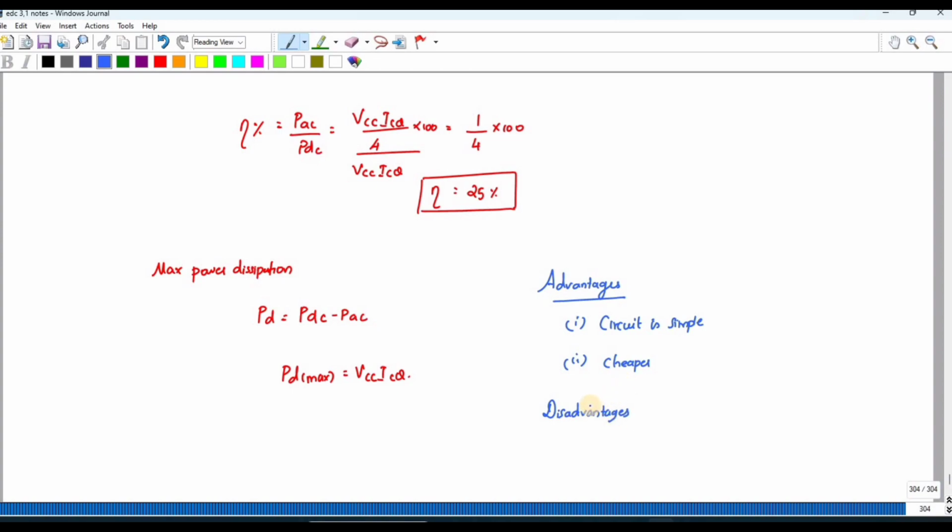Since we are directly connecting the load to the collector, a lot of power is wasted. That is why the efficiency is very poor, at 25%, and the power dissipation is very high. Therefore it requires a heat sink.